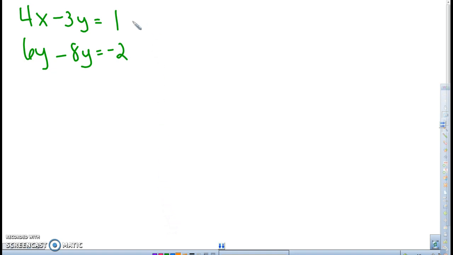So just for grins, I'm going to change my first equation, and you can solve for x or for y. I'll solve for x. So I'll start with 4x equal to 3y plus 1 by moving that 3y to the other side.